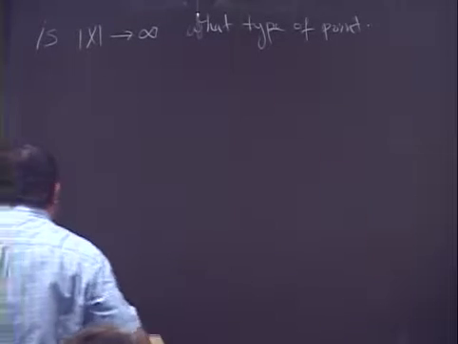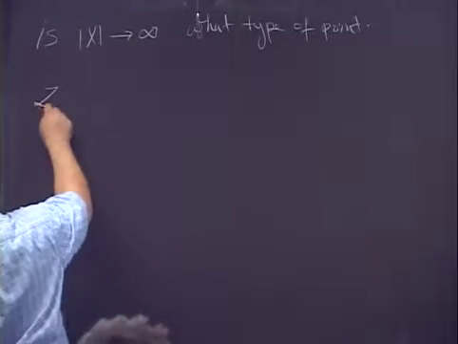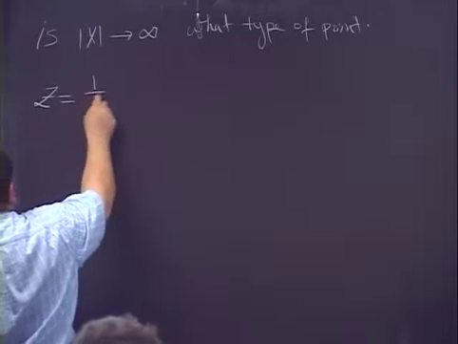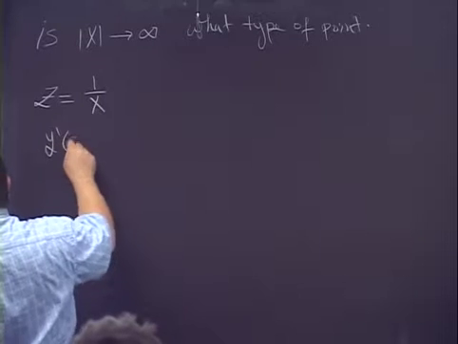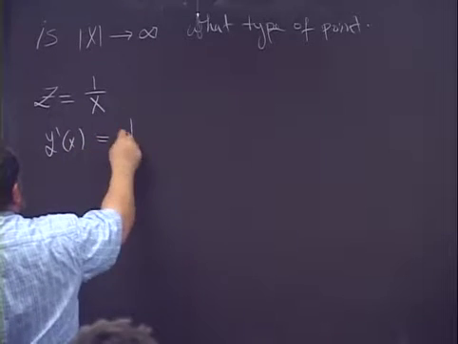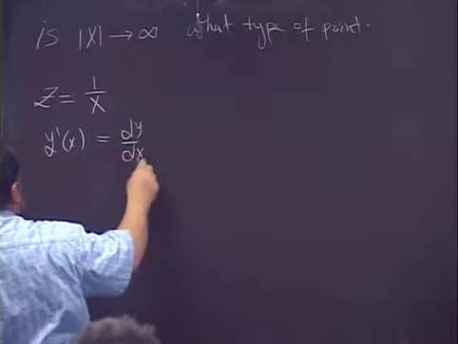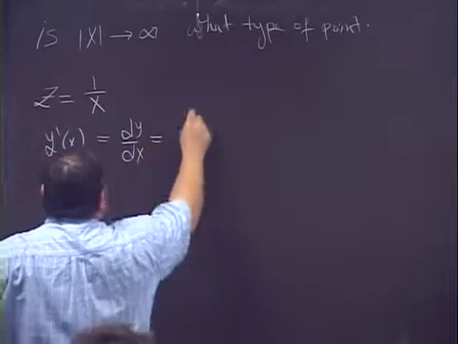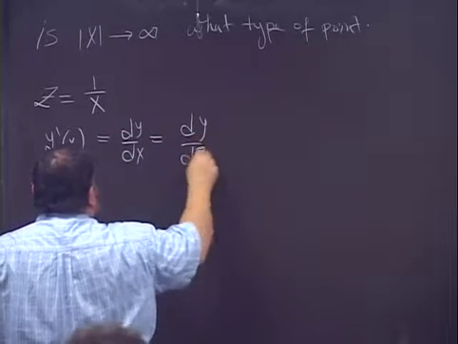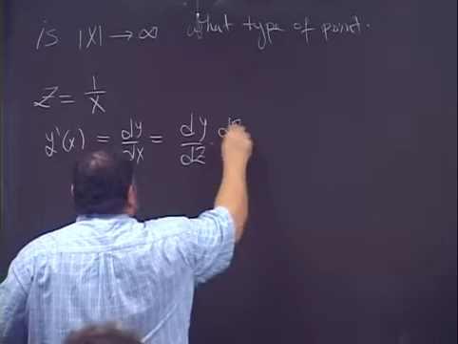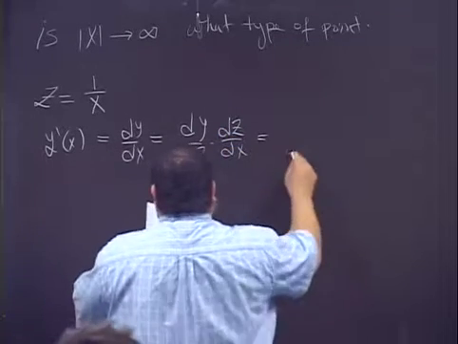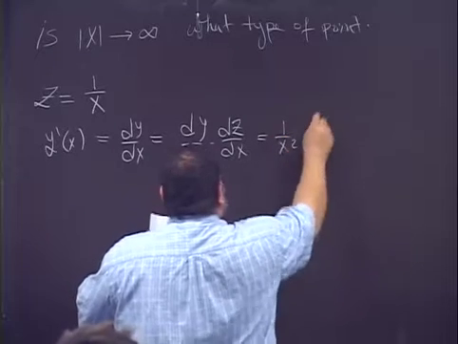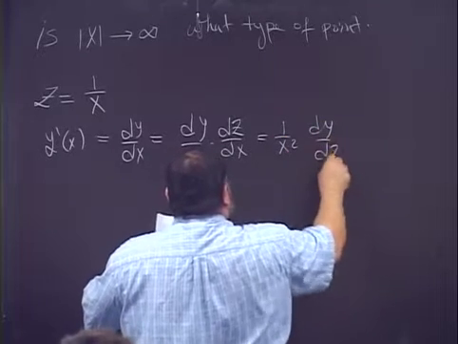So we'll put z equal to 1 over x. Y prime of x will be just dy by dx, and it is given as dy by dz multiplied by dz by dx, and this will be just 1 over x squared dy by dz.